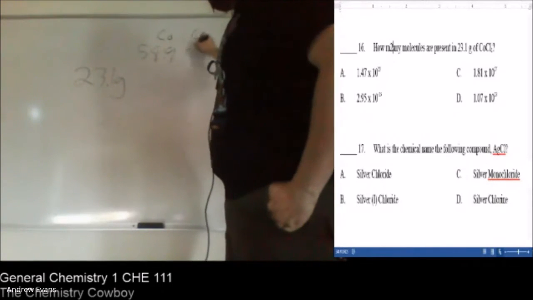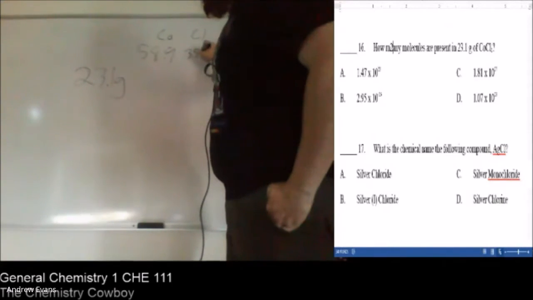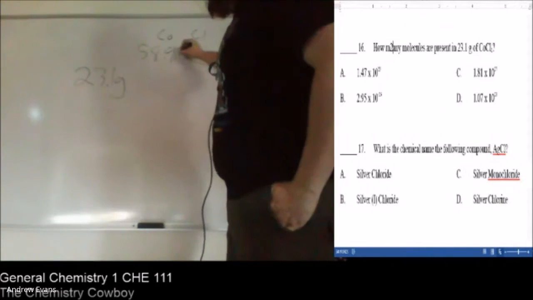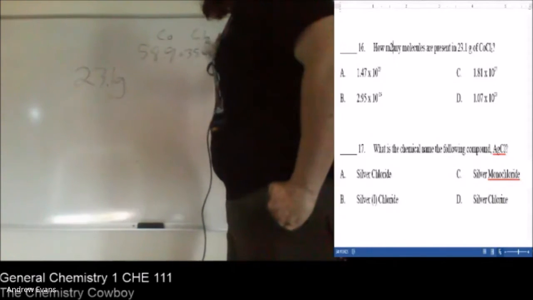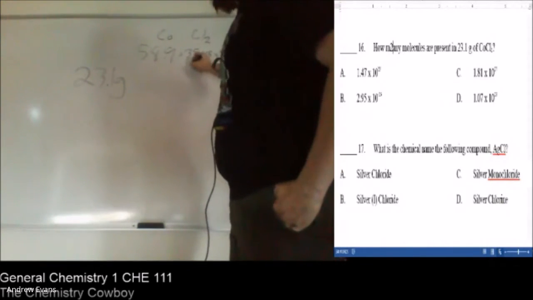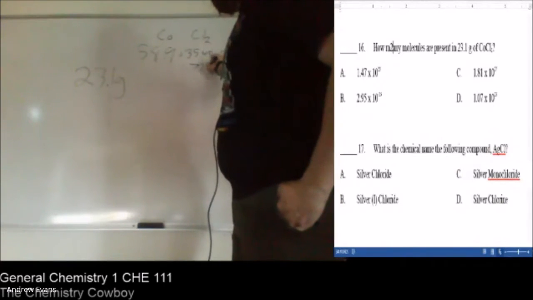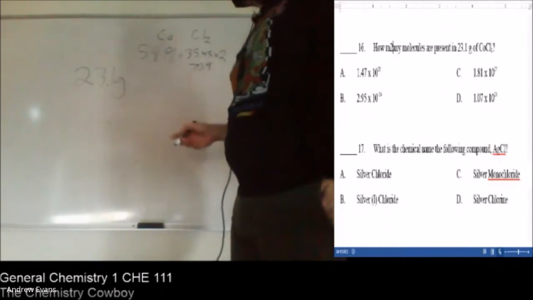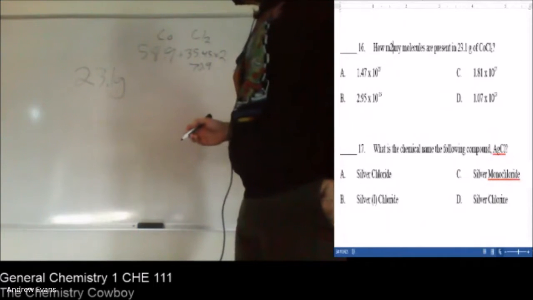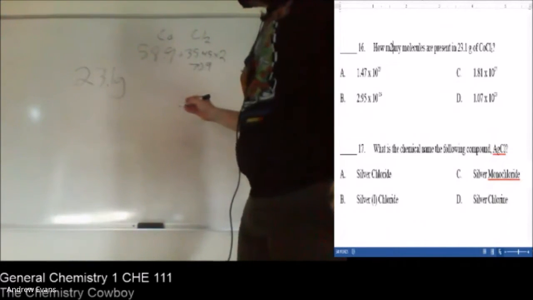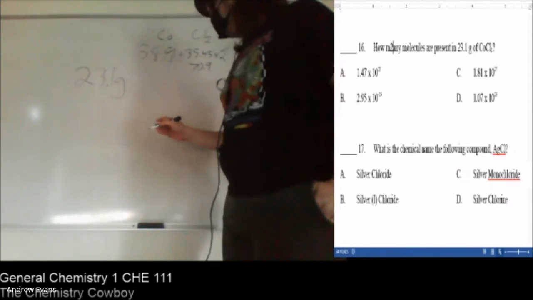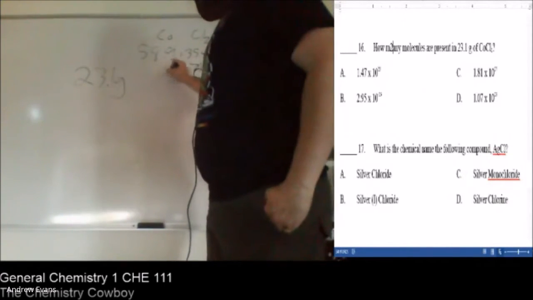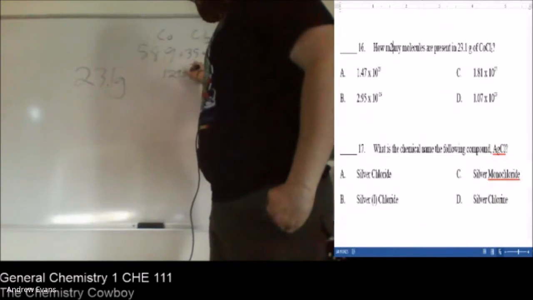Chlorine, 35.45, and there's 2 of them, so that puts me at 70.9. 70.9 and 58.9 add up to give you 129.8. 129.8 grams per mole.